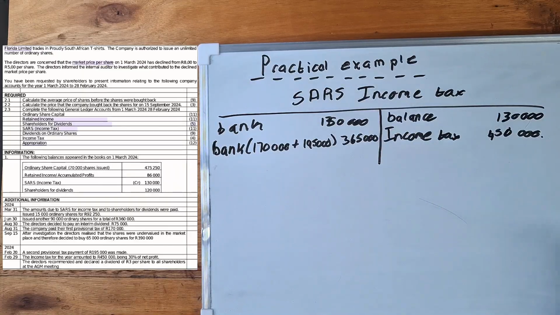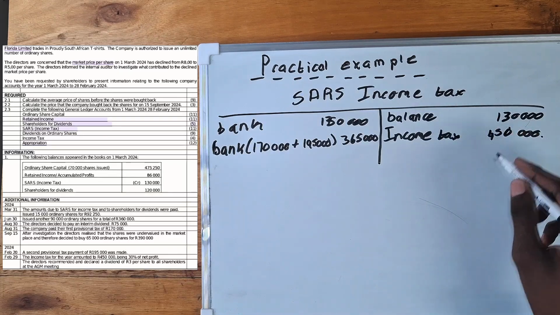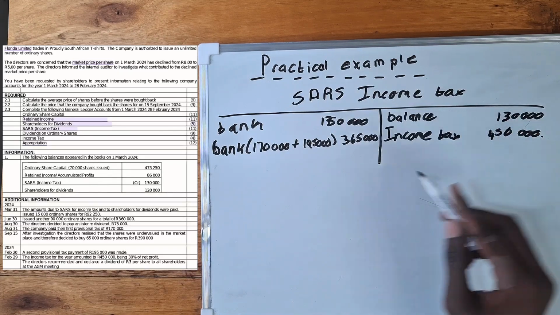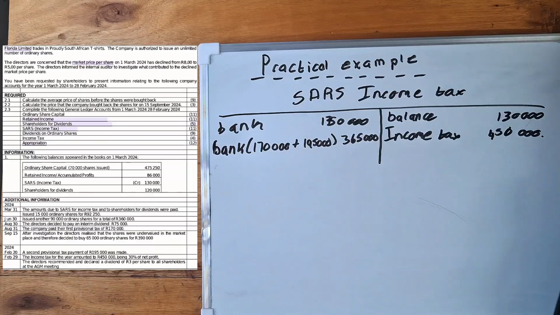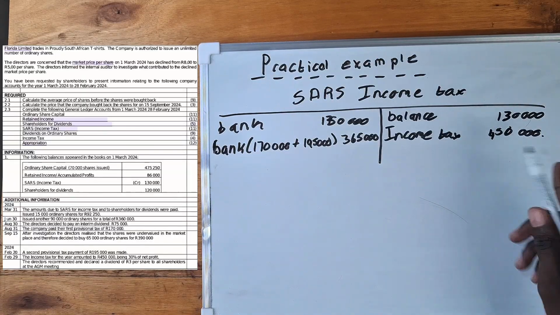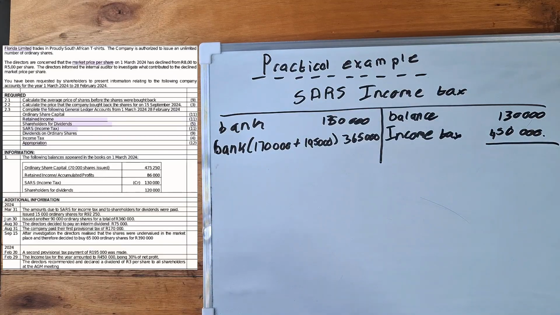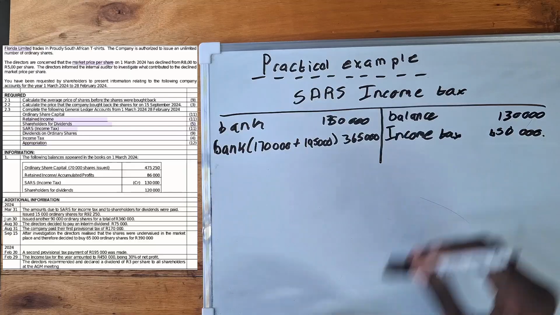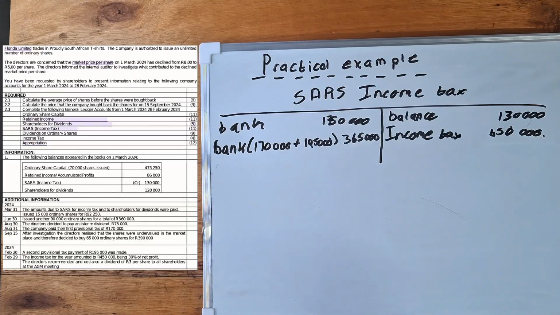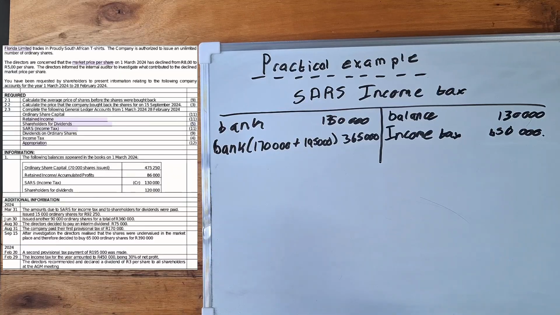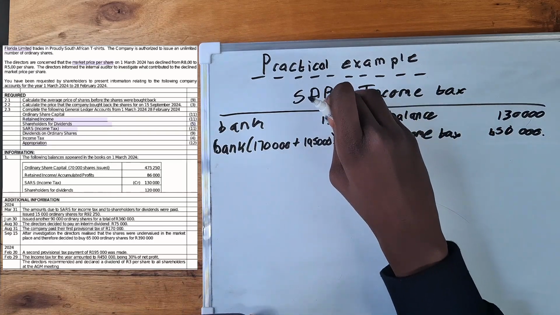So now all you need to do is to just balance this out. So we look for the amount for the side that is going to be bigger. Now, without even calculating, you would just see that this is the bigger amount. So let us calculate though to confirm, because accounting is all about accuracy, guys. It's all about accuracy, right? So just to clarify here, this is 130,000, right?